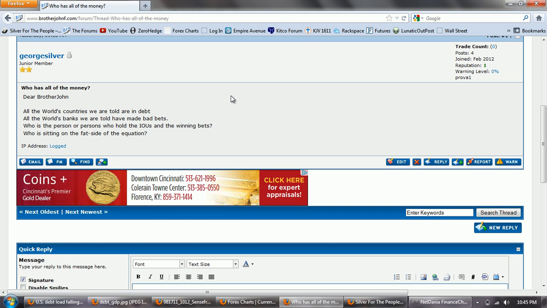Everybody owes everybody, and ultimately everybody's going to take a giant haircut because everybody believes there's more money than there really is. In other words, the money's there, but the money does not really represent wealth. There isn't wealth to back that money. So there's a whole bunch of money, but there isn't nearly as much wealth.